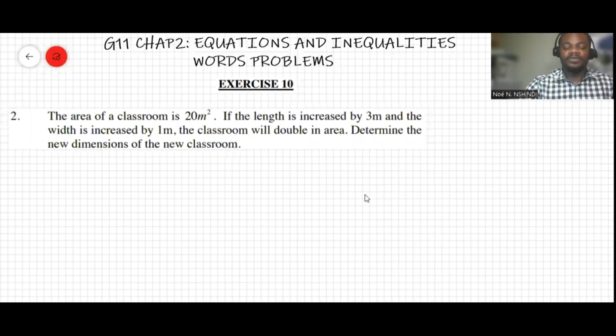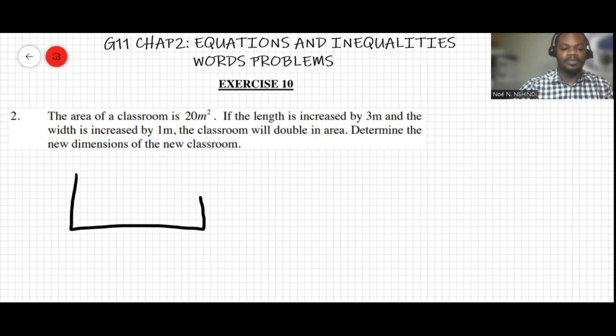Well, over here, the question says that the area of a classroom is 20 meters squared. If the length is increased by 3 meters and the width is increased by 1 meter, the classroom will double in area. Determine the dimensions of the new classroom. Now, let's say the old classroom was this one. Sometimes it's useful to draw a diagram.